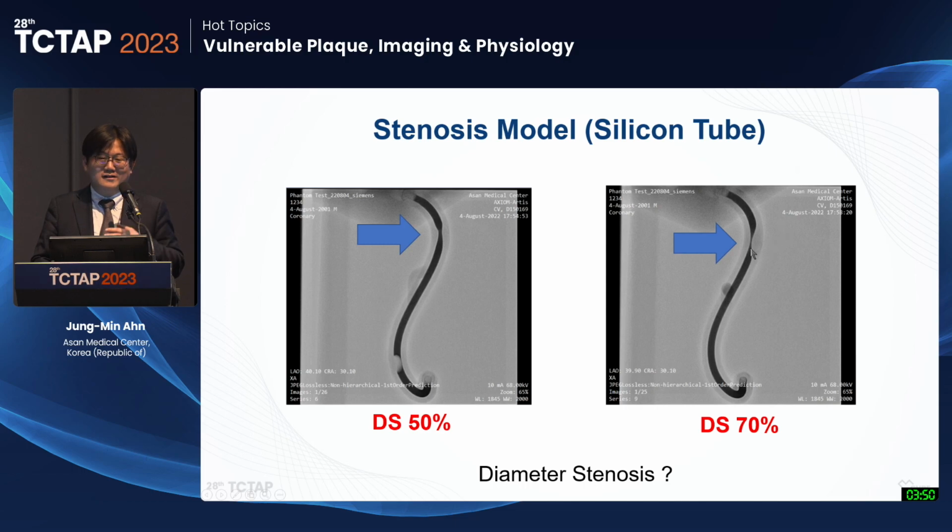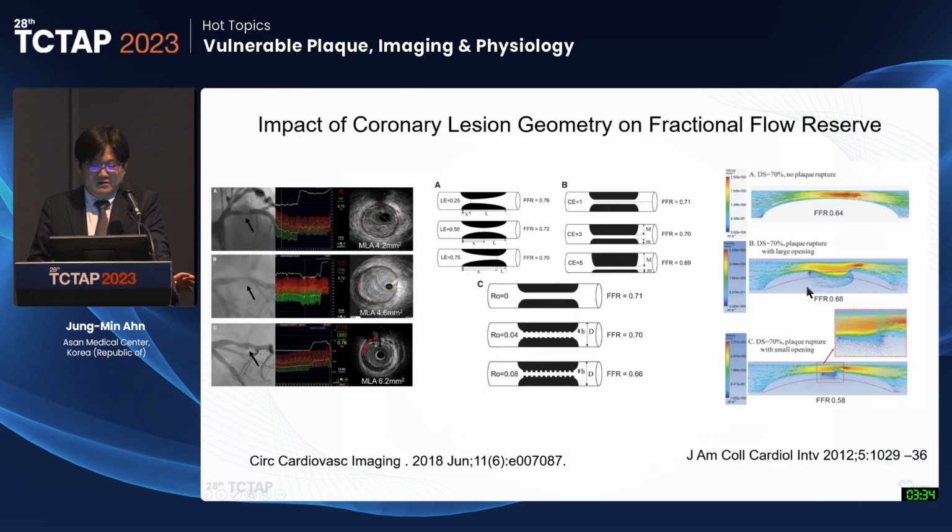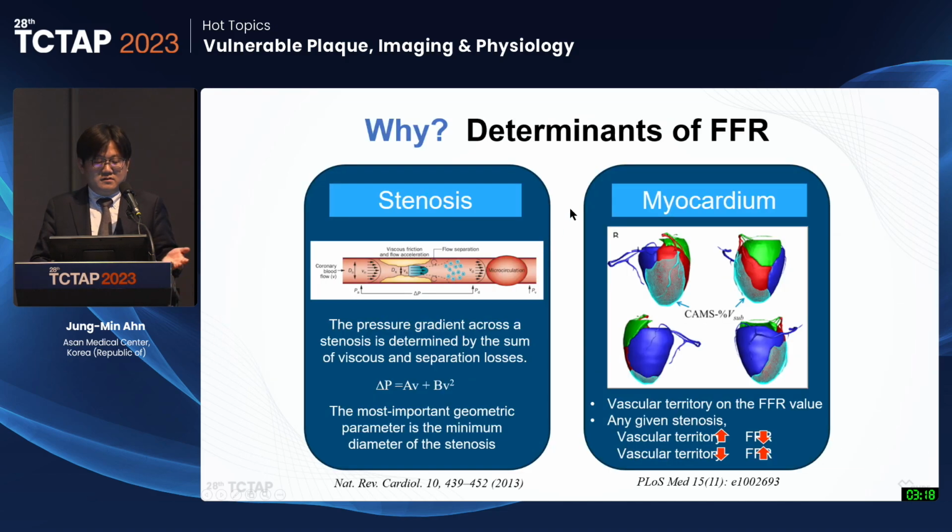This is actually a critical stenosis. So usually in our practice, the angiographic diameter stenosis is an overestimation. In addition, the coronary angiogram is 2D plane imaging, so it is inherently inaccurate. Also, even with similar diameter stenosis, a small change in the surface or a rupture changes the hemodynamics. So that's why the angiogram is inaccurate.